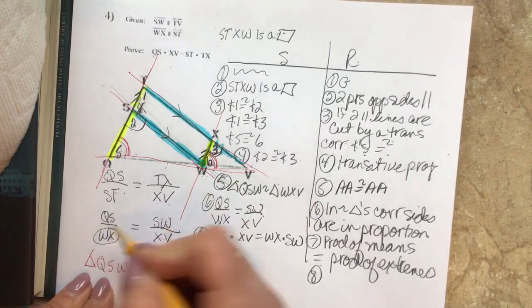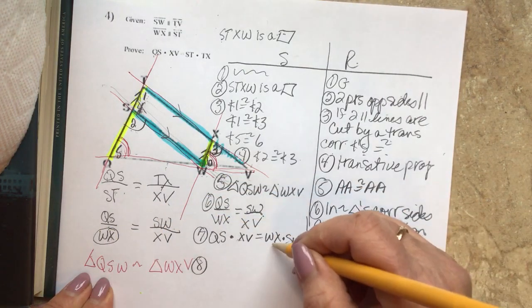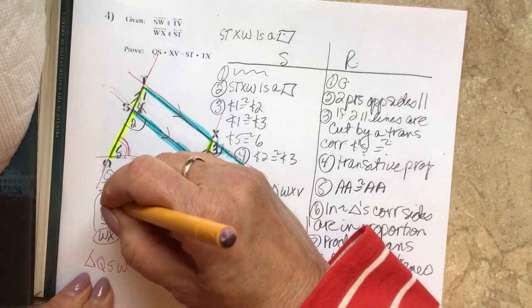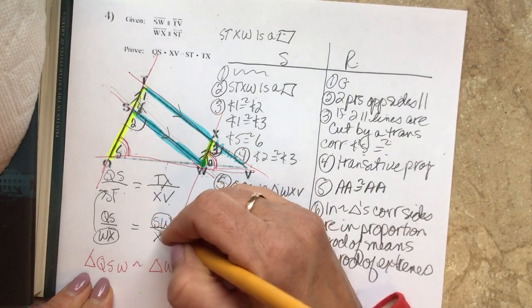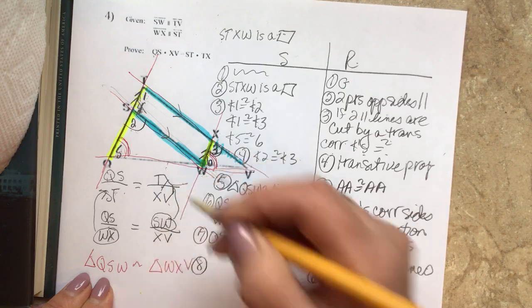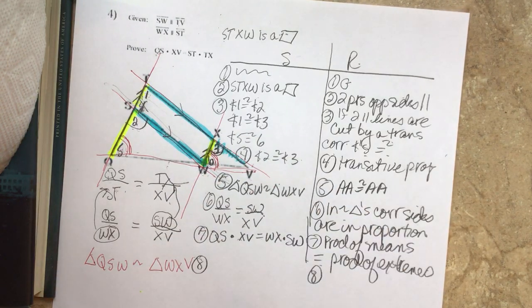We need to change the WX to ST, and we need to change the SW to TX. Now, what's going to allow us to do that?